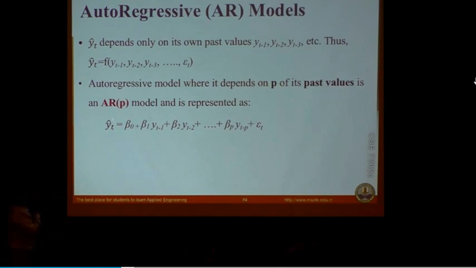But the equation for an auto-regressive model will be like this. The forecast is beta 0 plus beta 1 times yesterday's value plus beta 2 times the day before yesterday's value, and so on. That's an auto-regressive model, just a regression.